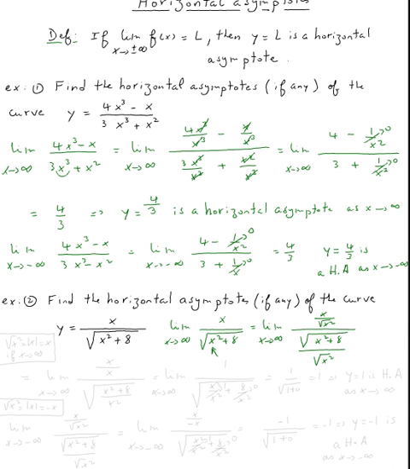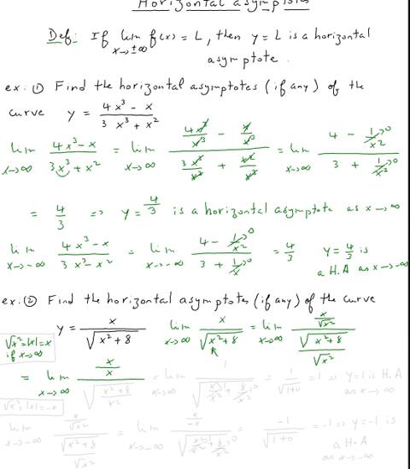Now this is equal to the limit as x approaches infinity of x over, now we know the square root of x squared is x. Let me write it down. The square root of x squared is equal to x if x is positive, if x goes to positive infinity. Because if it goes to negative infinity, it's the absolute value of x, but since it's positive, it's going to be x.